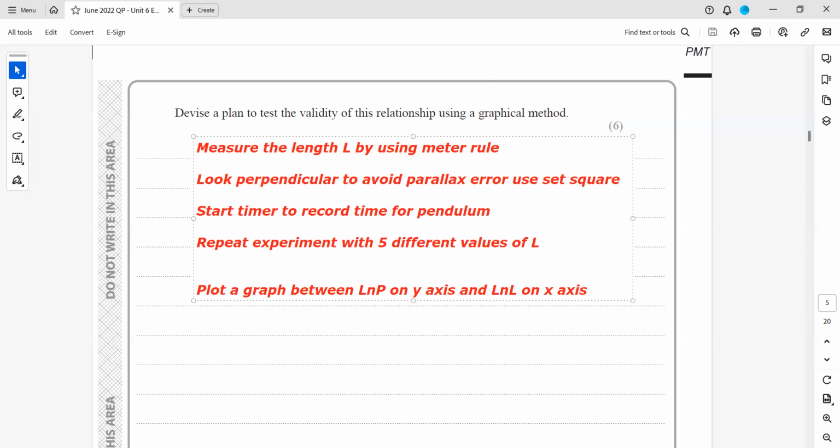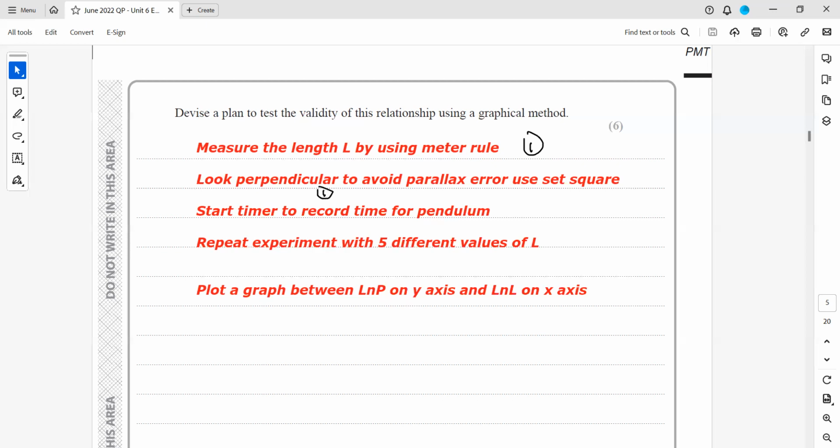The distribution of the marks, like how you will score the marks: first thing, when you mention using a meter rule or a meter scale, that will score 1 mark.